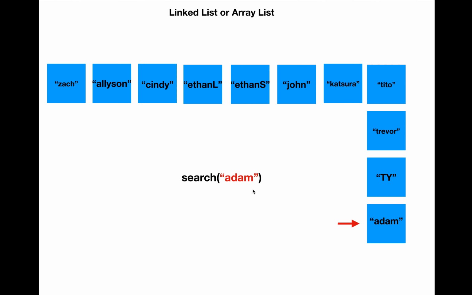What if we wanted to search for Adam and Adam happened to be at the end of the array list or linked list? We're going to have to go through element 1 and check if that's Adam, element 2 and check if that's Adam, element 3, element 4, and so on.